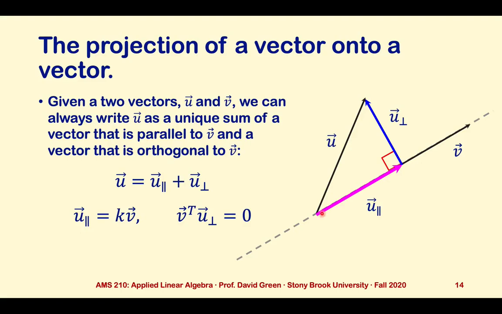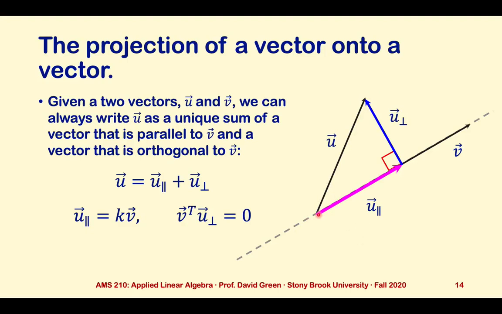This is shown in the picture here. There is a vector that is in the same direction as v, and a second vector that is orthogonal to v, and together their sum gives us u.